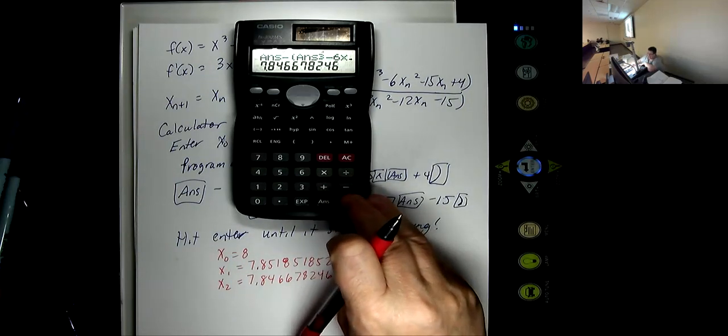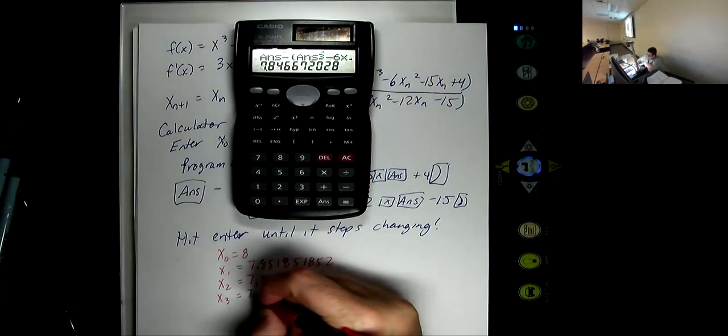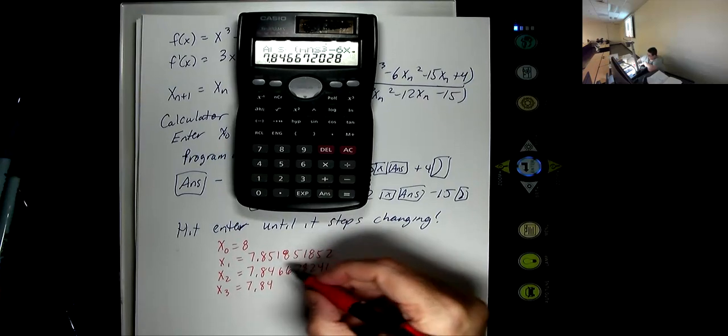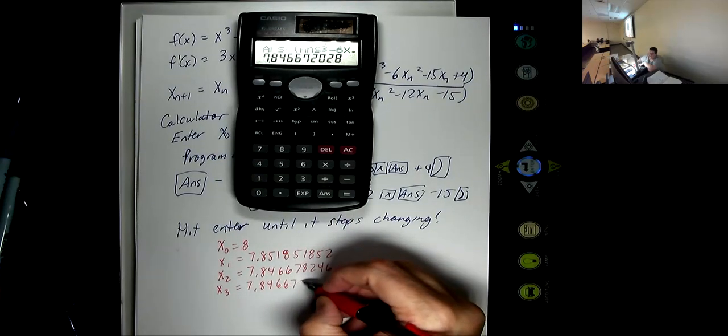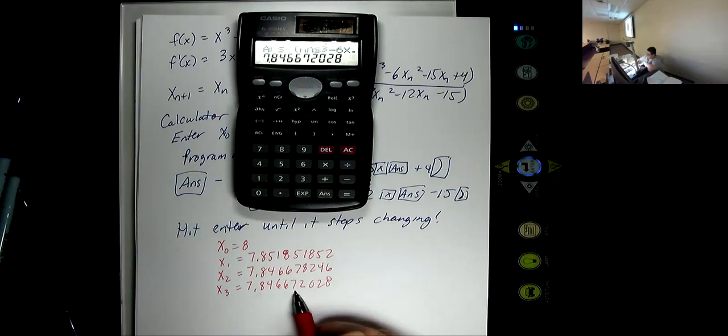As long as you keep hitting equals, it's going to keep using the same function, the same formula. So I hit it again. 667 2028. Notice we're already matching to 5 decimal places.